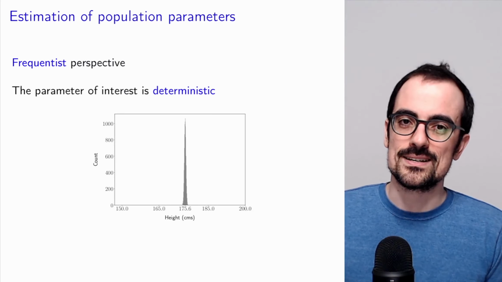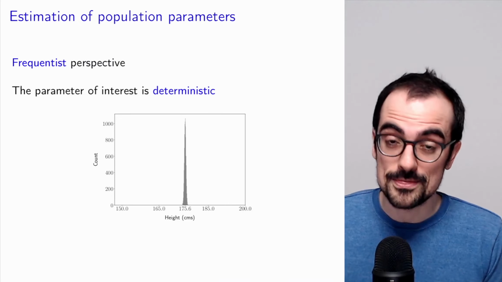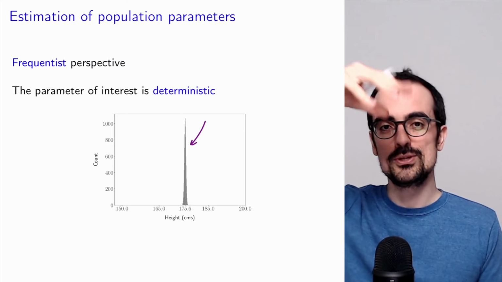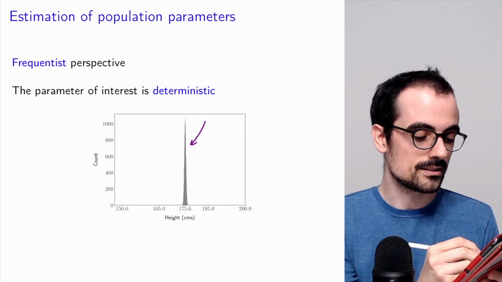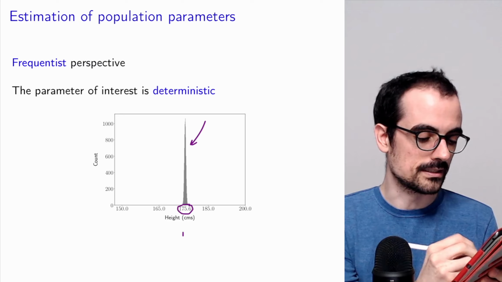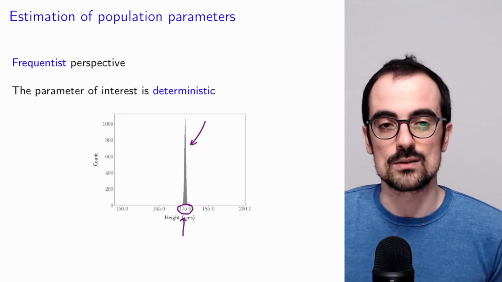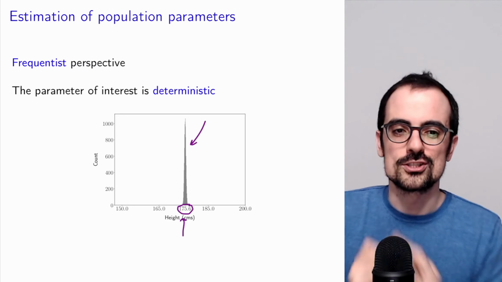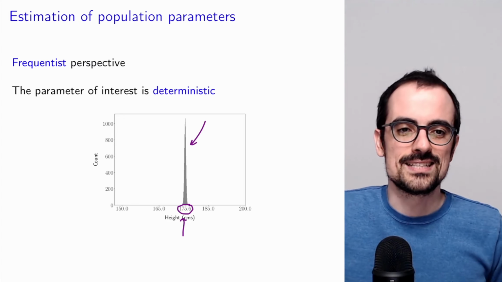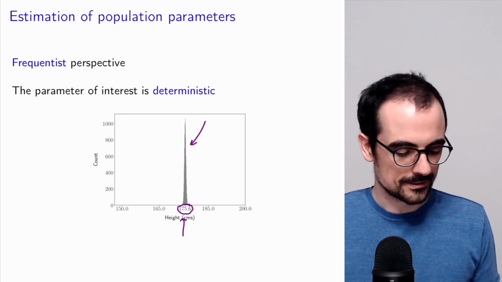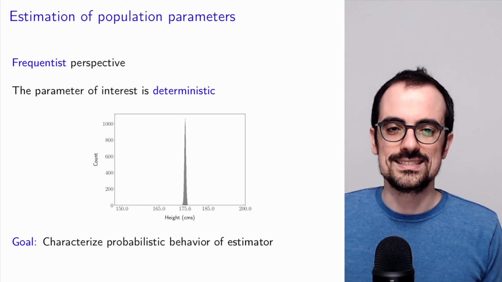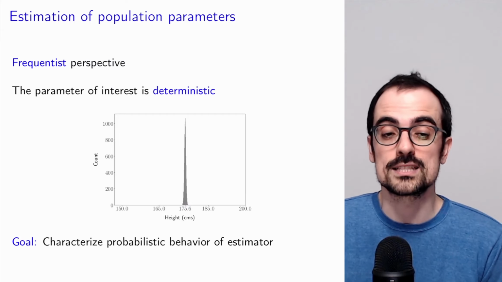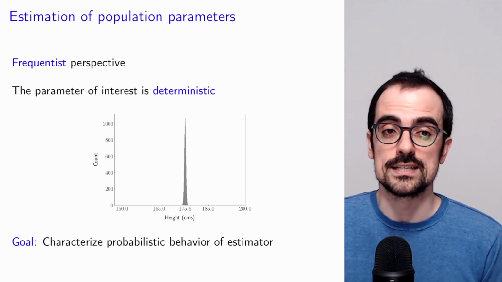But the measurements are random. So when we look at our estimator, the estimator has a certain distribution that is going to have a certain relationship with the number that we're trying to estimate, in this case 175.5. And what we would like to show is that the distribution is tightly concentrated on top of the parameter that we're trying to estimate. That's what we want. This is what I meant before when I said that our goal is to characterize the probabilistic behavior of the estimator.